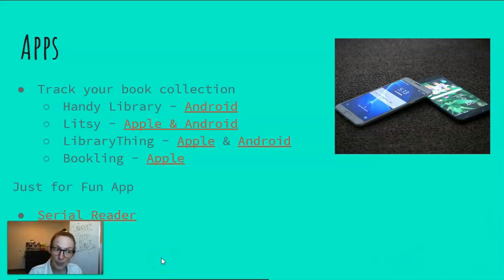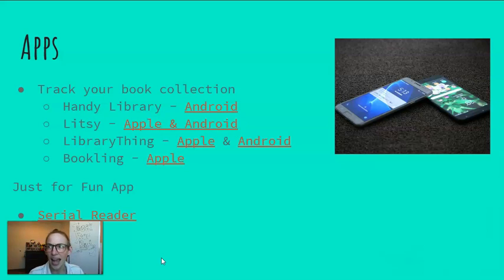There's also apps that can help track your book collection. Handy Library, Litsy, LibraryThing, and Bookly are all different apps that you can use to track your reading as well as your book library. And we see here that they are available on a variety of different options, Android and Apple. And then there's a just-for-fun app, which is one of my favorite ways to read classic books.